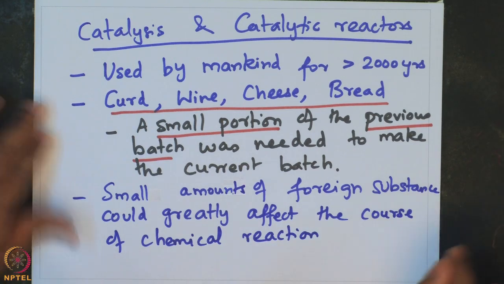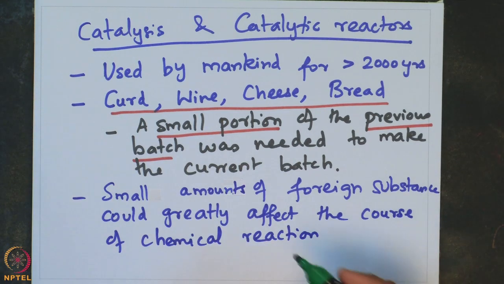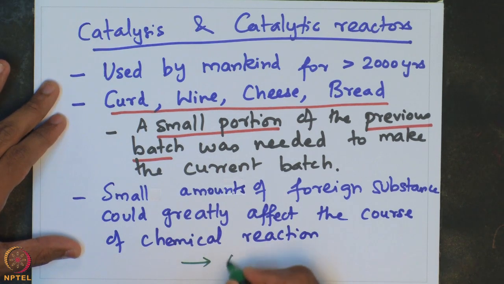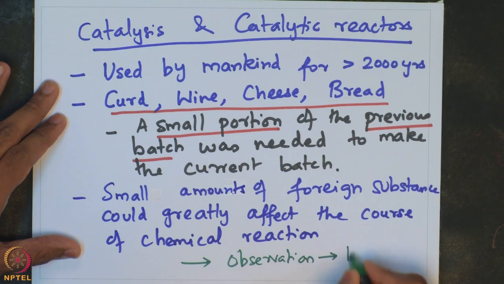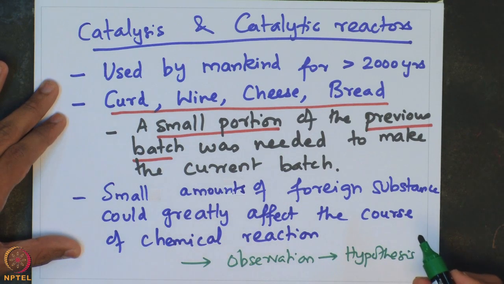This observation was indeed a profound observation, which actually led to the hypothesis that small amounts of foreign substance could greatly affect the course of a chemical reaction. It is this observation leading to the hypothesis that has actually led to the birth of catalysis and design of the catalytic reactors.